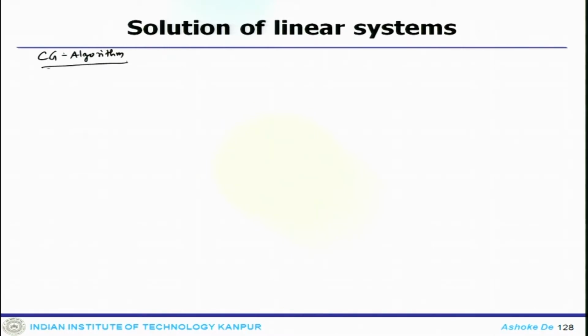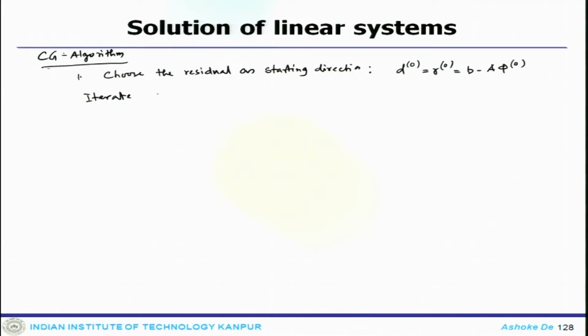you first choose the residual as the starting direction, like d naught equals r naught equals b minus A phi naught, and you iterate starting at n until convergence.